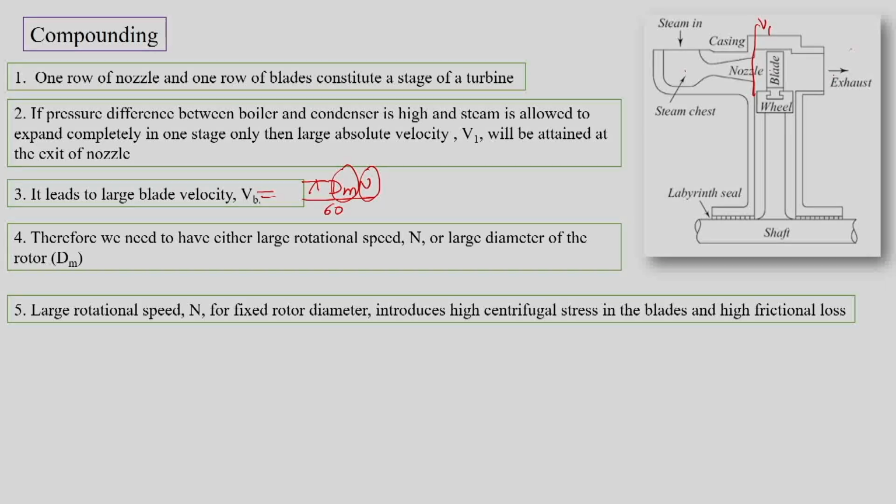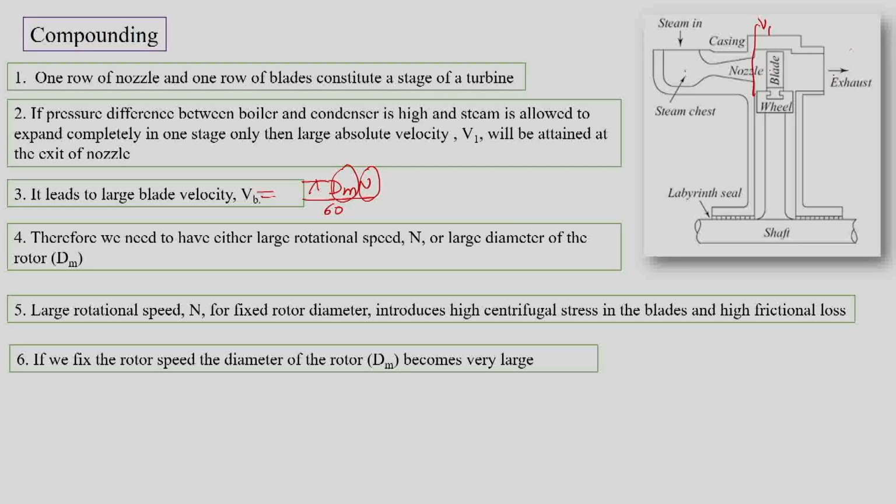But if we have very large n to accommodate the large Vb, with fixed diameter dm, a large value of n introduces large centrifugal stresses and very large friction in the bearing. So, we will have large frictional loss and large centrifugal stress. Further, if we fix the speed and change dm, then it turns out that we need a very large mean diameter of the blade.